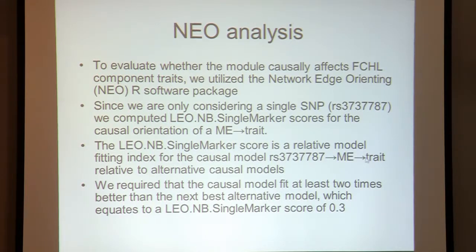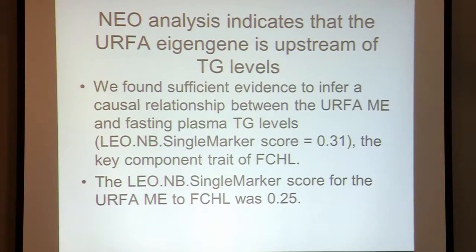And what we found is that the Leo score for the trait measuring fasting plasma triglyceride levels was 0.3, which is not terribly significant. What does that mean? Remember, it's a log transformed value.